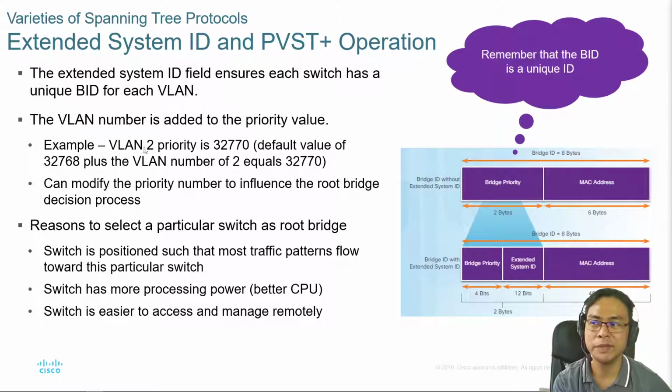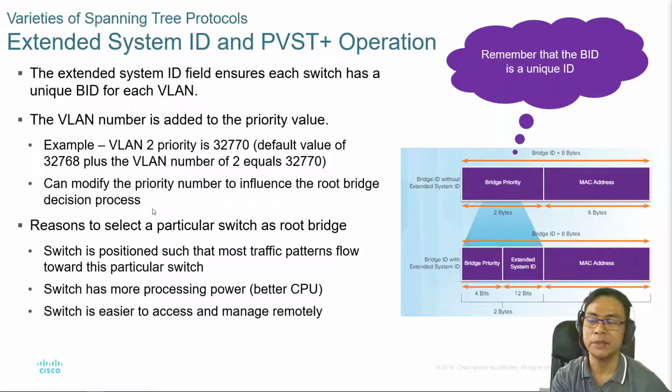For example, VLAN 2: if the priority is 32770, it's actually 32768 plus 2, right? So that's why it became 32770. So it can modify the priority number to influence the root bridge decision process.